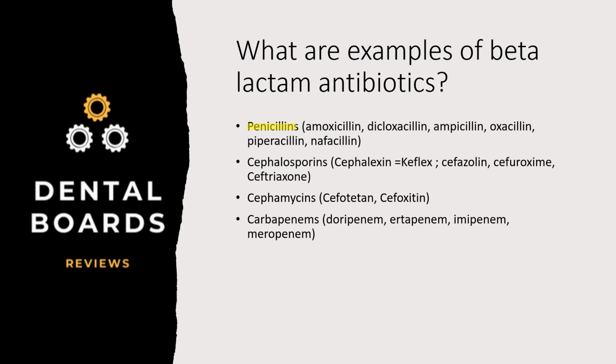We also have piperacillin, which is very common as a broad spectrum for infection. However, it's available IV. And then we have cephalosporins. The most common one is Keflex, which is cephalexin.